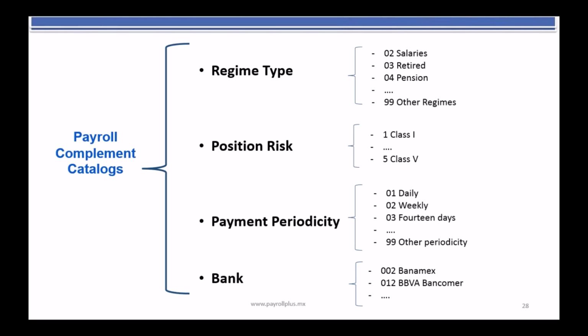Then we have payment periodicity, which is another new catalog, and it's to specify the frequency of the payroll. It can be daily, weekly, 14 days, and you can also have the option for 99 other frequency.